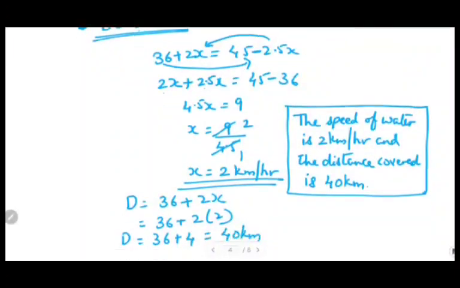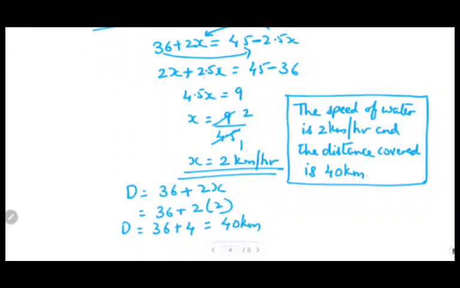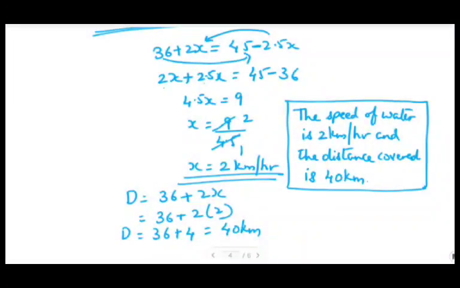Here you go, children. A little tricky, but understand downstream, upstream, speed of the boat in still water, how the boat will get a push if the boat moves downstream by the force of water. All these things have to be clearly understood while doing such sums. Good to go, children. Let's proceed with the next sum.